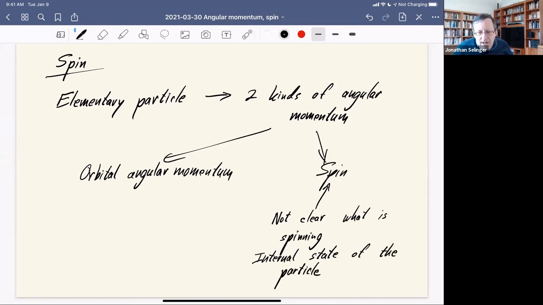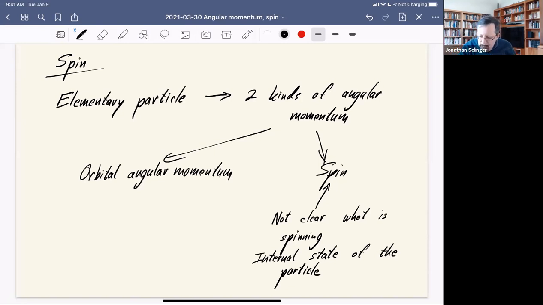Okay, so particles have some internal state. We don't know what they are. We don't know how to visualize them really, but we do know that they're there.